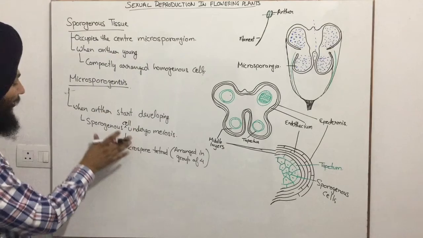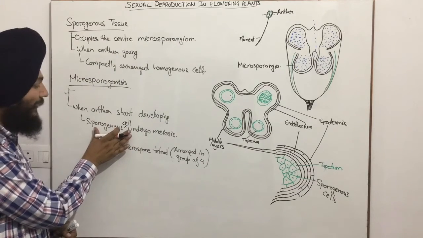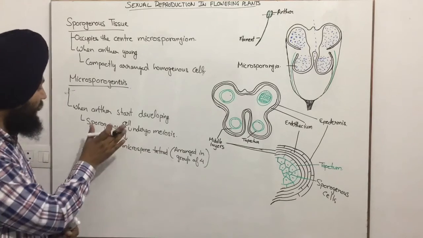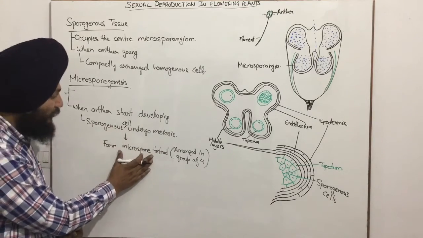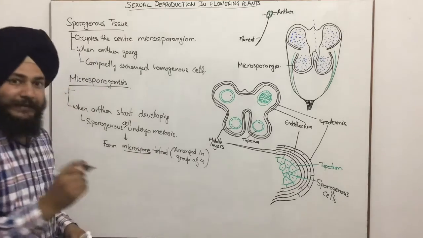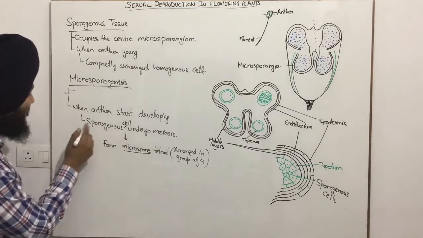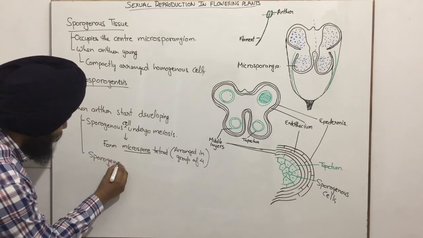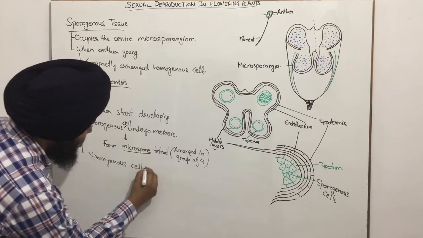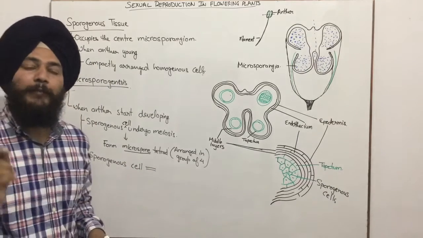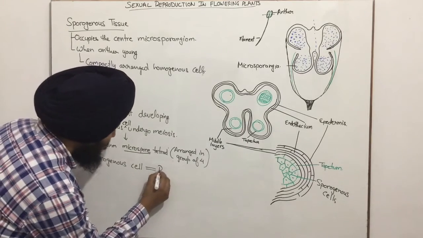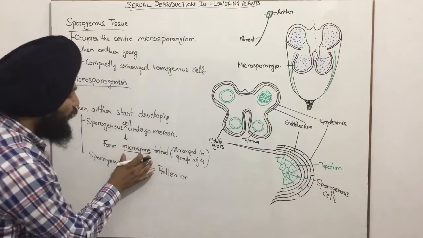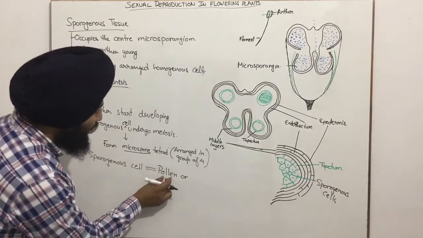Okay, so now the sporogenous cells are acting as the source of the microspores, that is why the sporogenous cells are also called pollen or microspore mother cells, because they act as the source of the microspores, and the microspores are going to develop further into pollens.